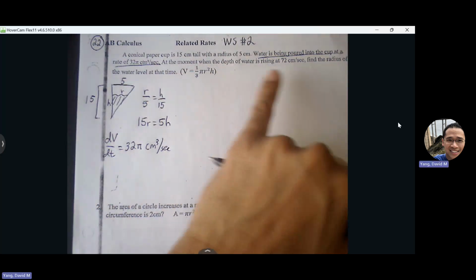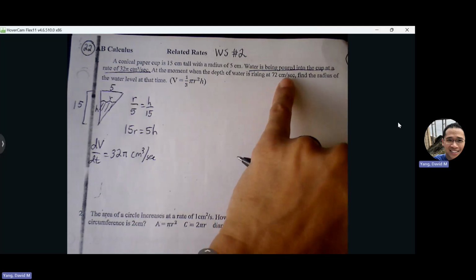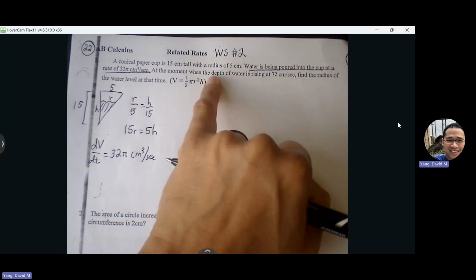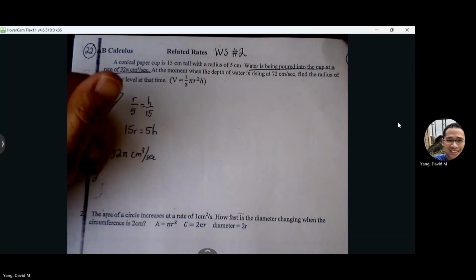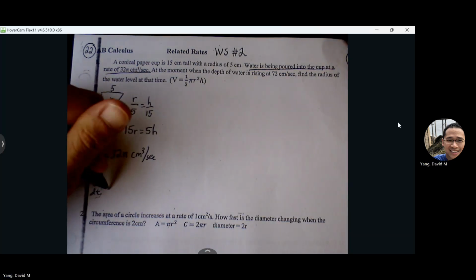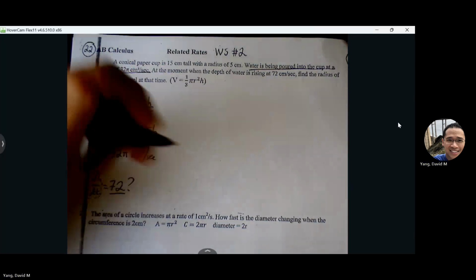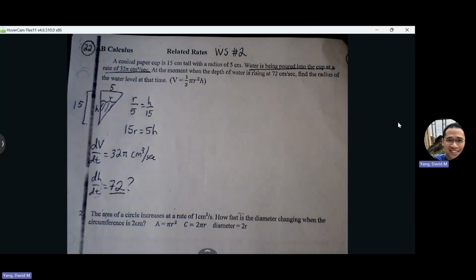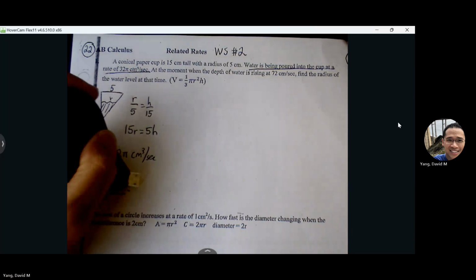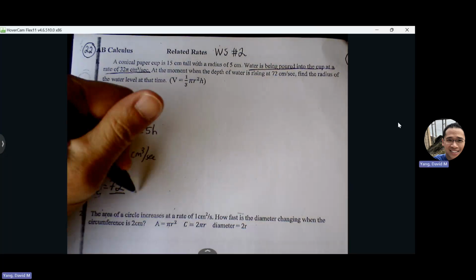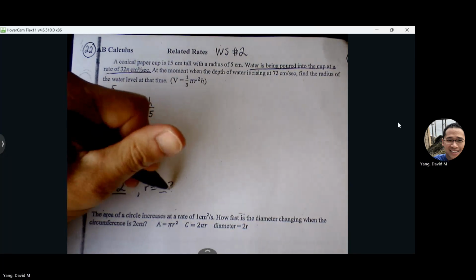At the moment when the depth of water is rising at 72 centimeters per second, what is this referring to? dh/dt. 72, sorry. Find the radius of the water level. So ultimately trying to find r.